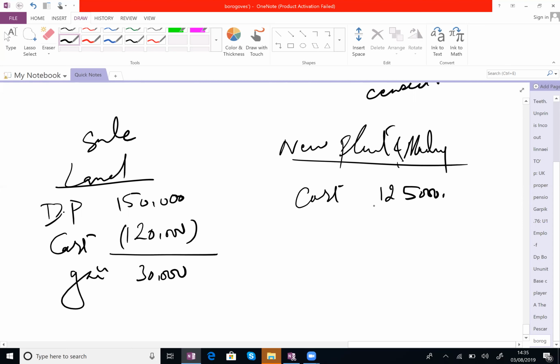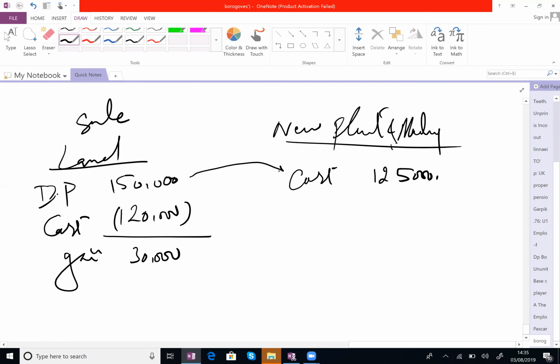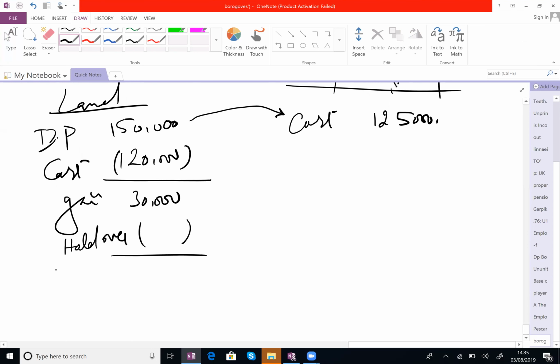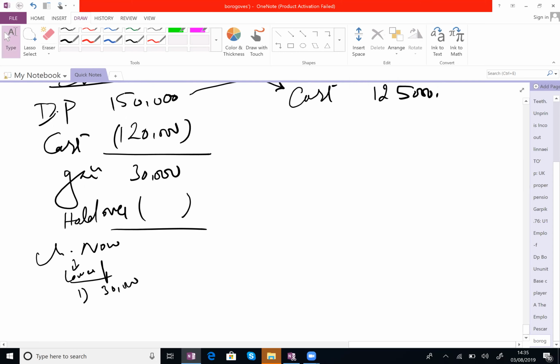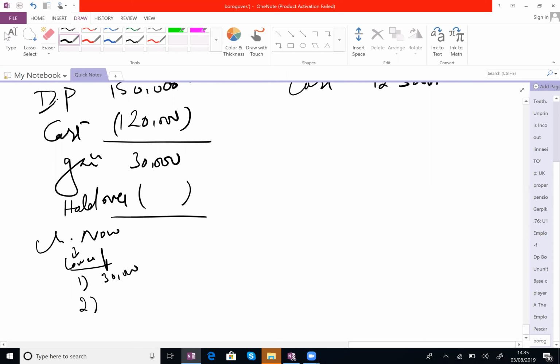Now tell me, are the full proceeds reinvested or partial? Partial. So how much gain will be holdover? Holdover means frozen. It will be a balancing figure. Firstly, you will calculate the chargeable now gain. Lower of: number 1, gain 30,000; and number 2, cash in hand.